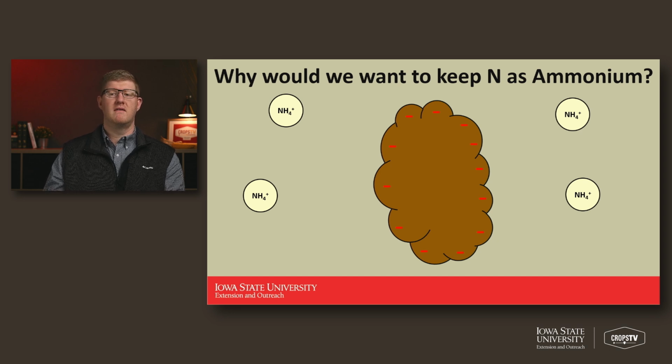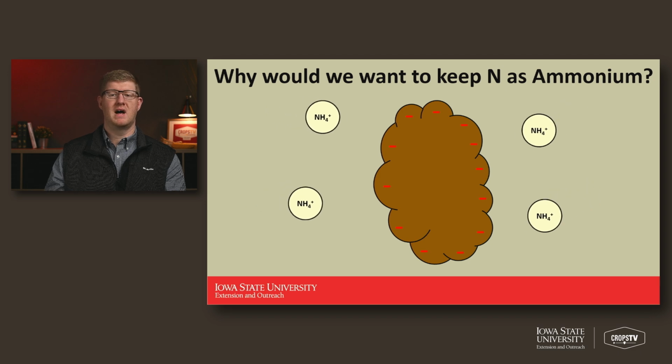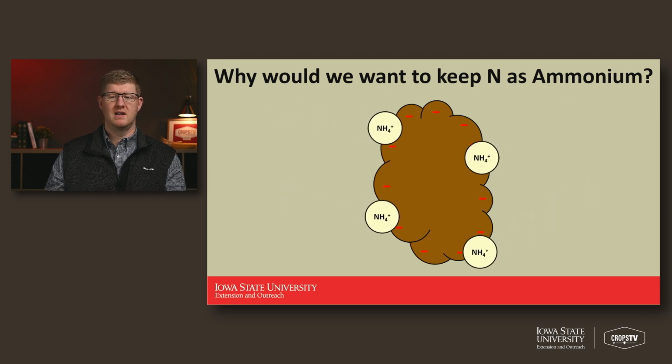So think about if you have two magnets. When you try to attach two magnets, you're sticking the positive end of one magnet to the negative end of the other. And while that's a gross oversimplification, that's essentially what's occurring in our soils: that positive charge on the ammonium can bind with the negative charge on the soils and be held more tightly.